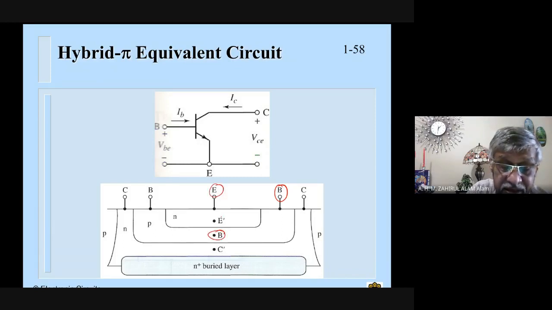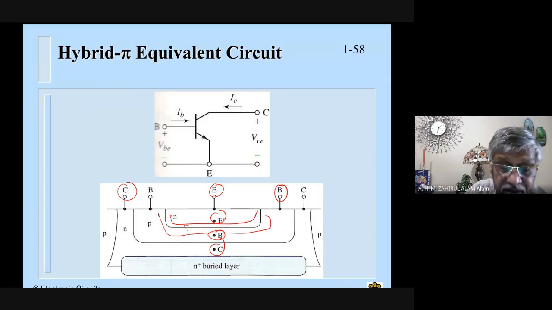Emitter external, internal, collector. And also there is a PN junction, and there is formation of a depletion layer.